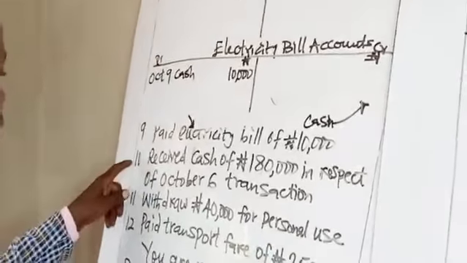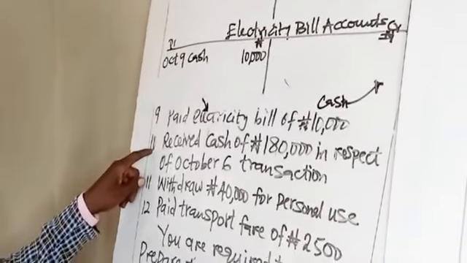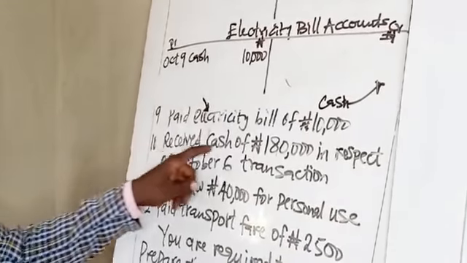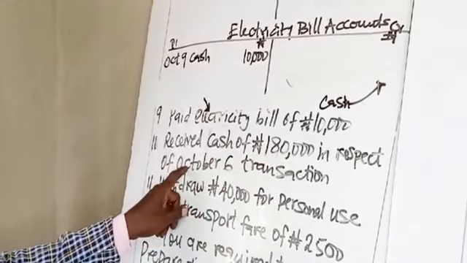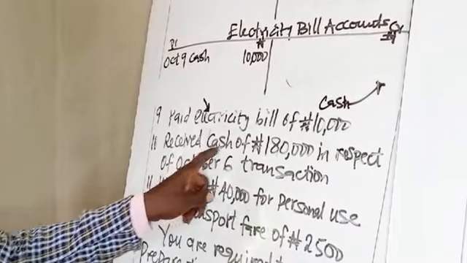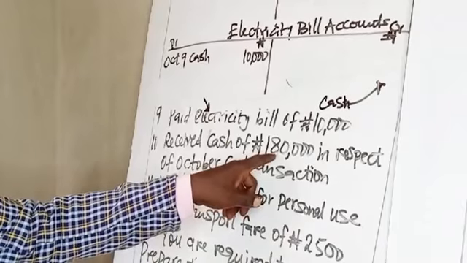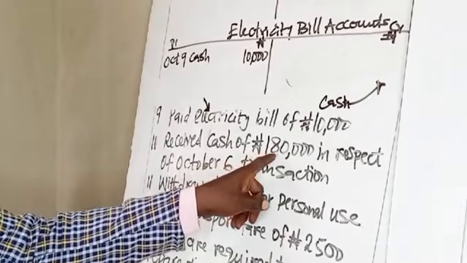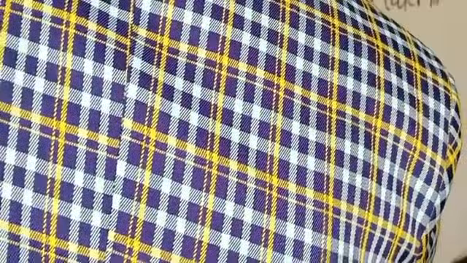Back to the question. On the 10th of October, you receive cash of 180,000 naira in respect of October 6 transaction. The transaction which took place on the 6th of October is repairs of 220,000 and the customer will pay later.